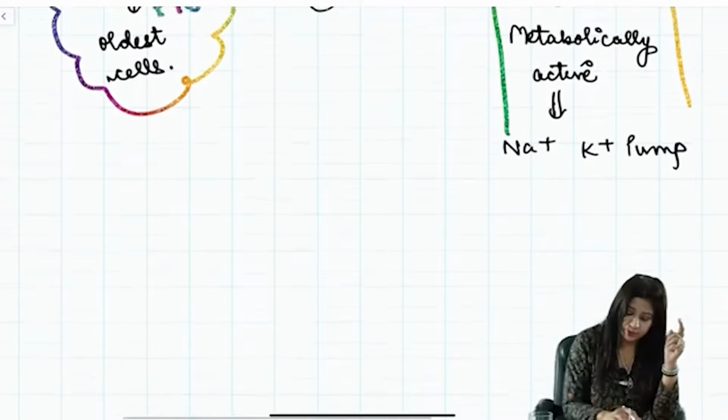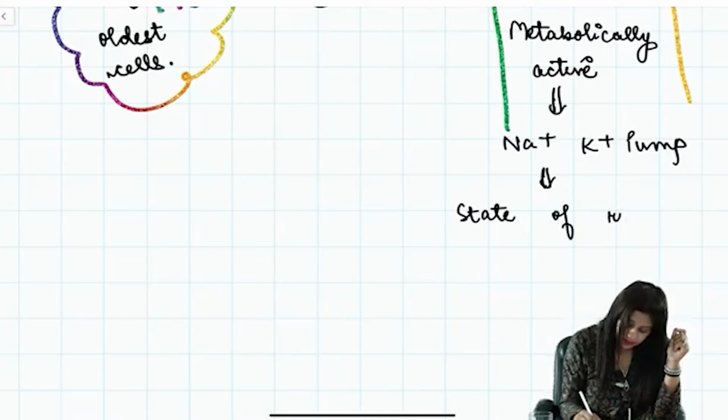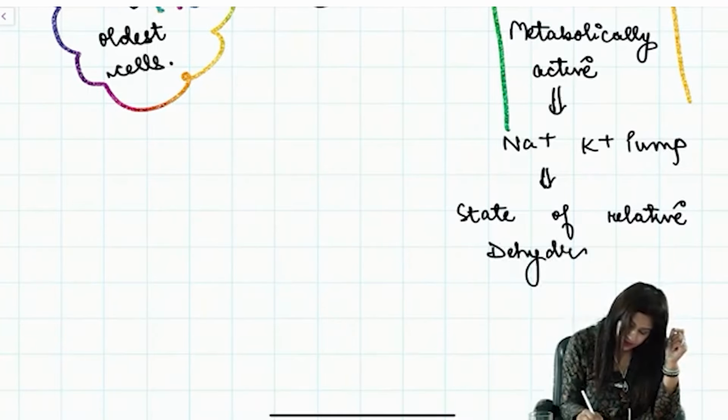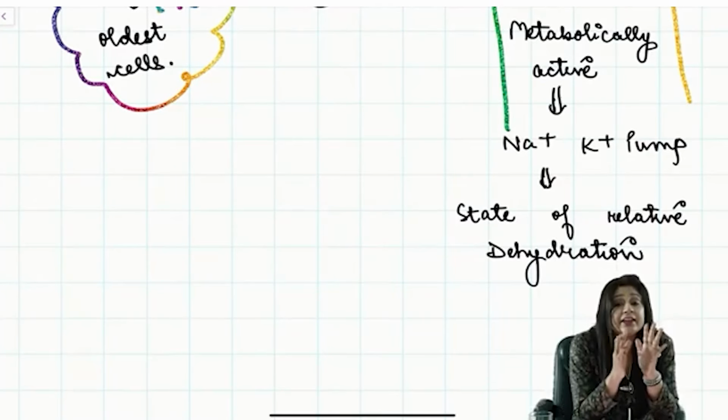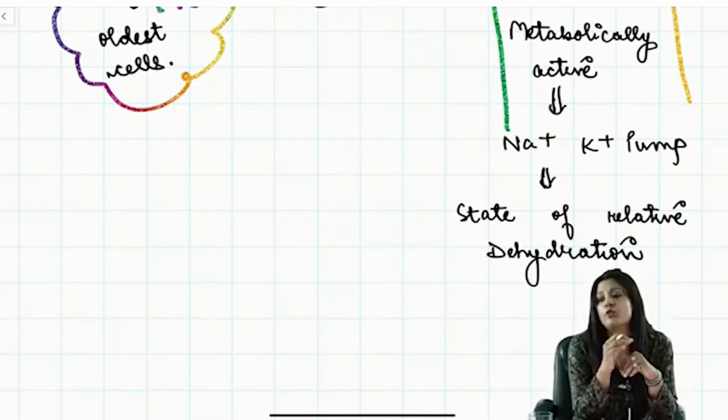ड्यू टू दिस सोडियम पोटेशियम पंप देयर विल बी अ स्टेट ऑफ relative dehydration. There is a state of relative dehydration in the lens. Relative dehydration है, not the total dehydration, not total overhydration.